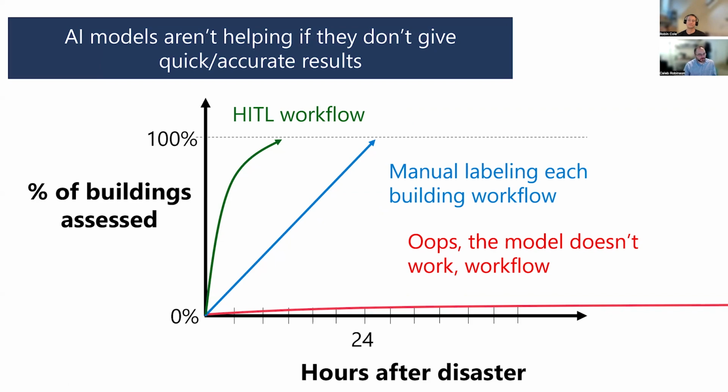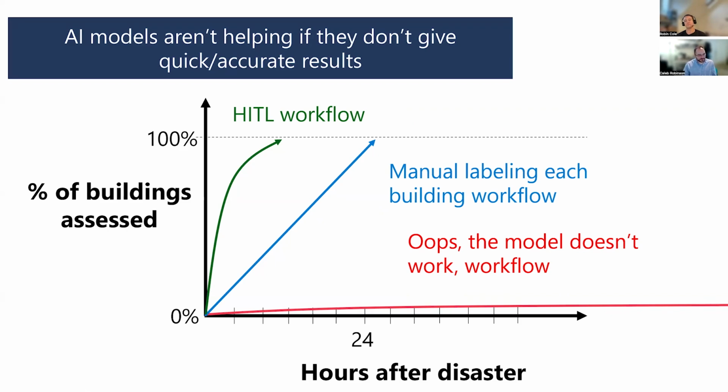And here you really don't have the time in disaster response scenarios to turn it into a research project and maybe try domain adaptation methods. You're just not going to get to that 100% damage assessment result with the quality that you need to ship out to the first responders. And in that scenario, your time would be better spent with this blue line, doing manual labeling of the buildings.